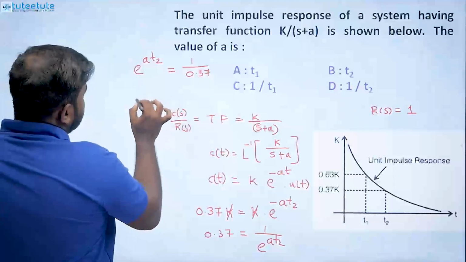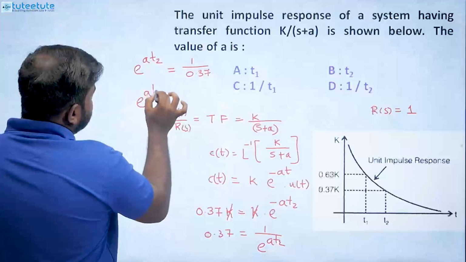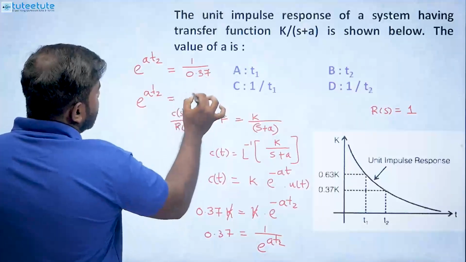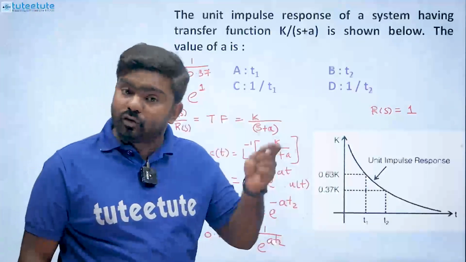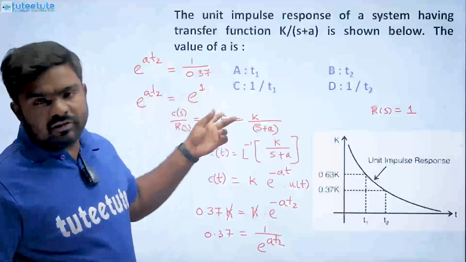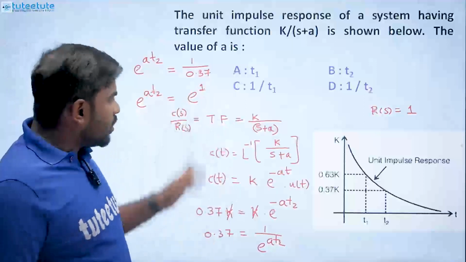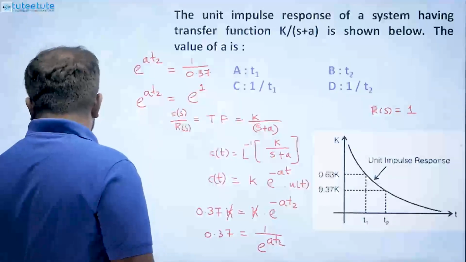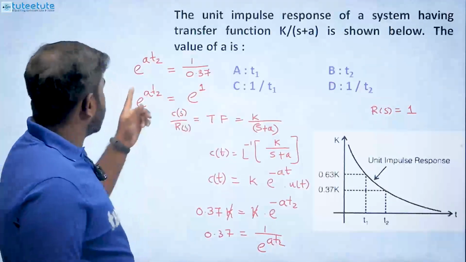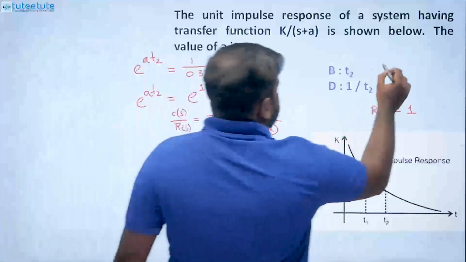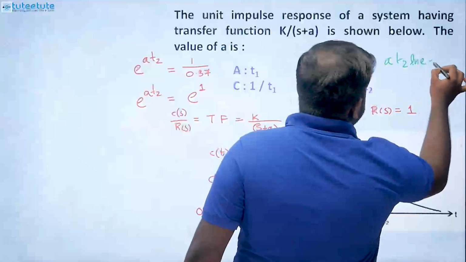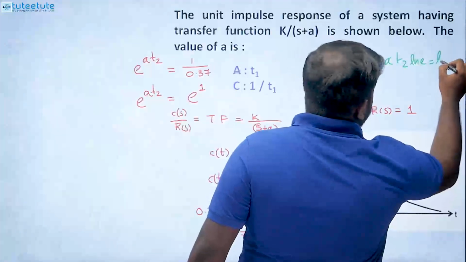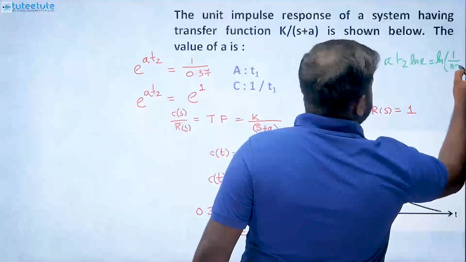That means e raised to A T2 is equal to e raised to 1 you will get. Because 1 by 0.37 would be 2.71. 2.71 is nothing but what? e raised to 1. Or also we can have this technique: A T2 natural logarithm of e, which is equal to natural logarithm of 1 divided by 0.37.